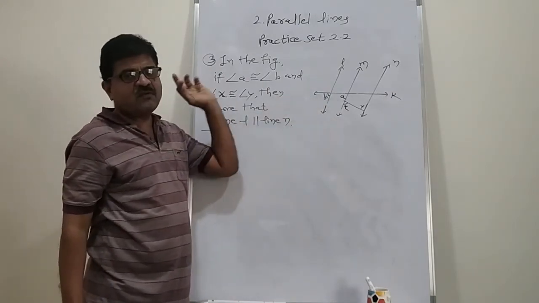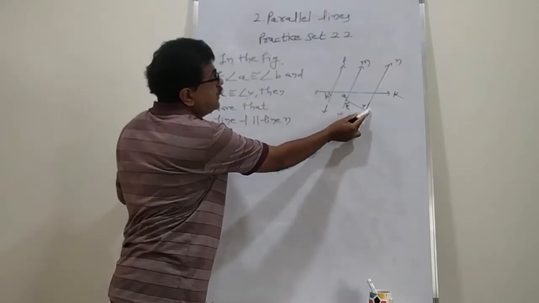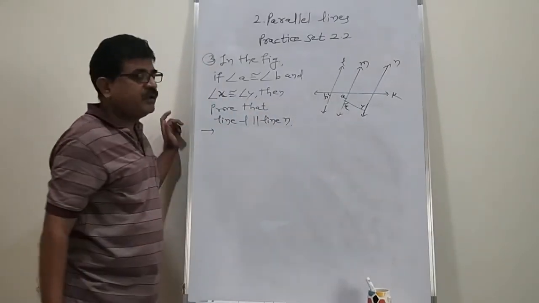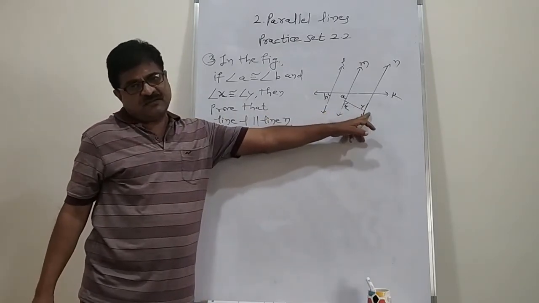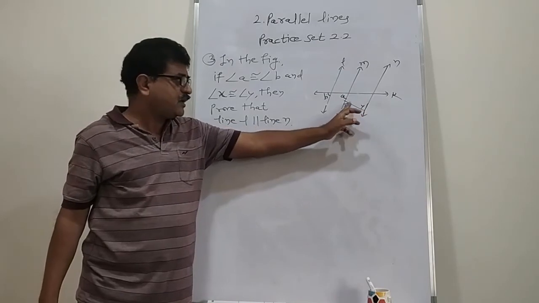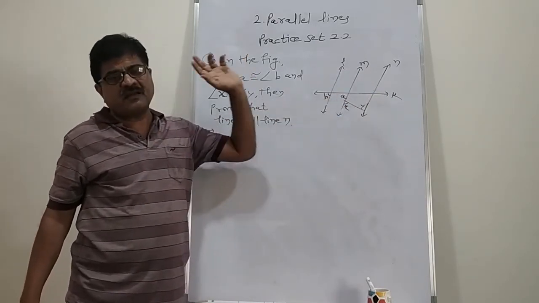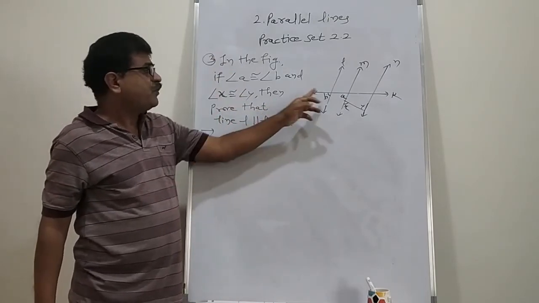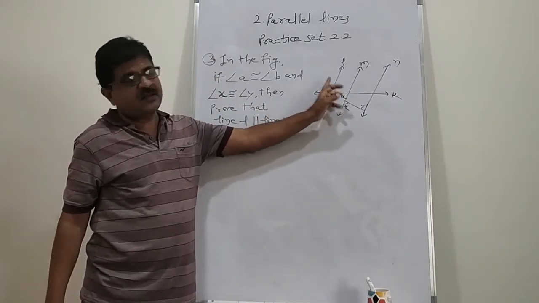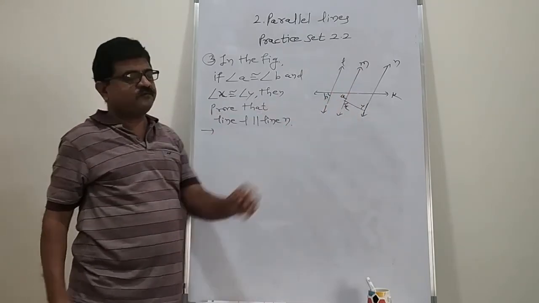This is equation number 1. Also, angle X congruent to angle Y we have given. These are alternate angles. Therefore, by the alternate angle test, these two lines are parallel. Therefore, from 1 and 2, we can prove line L parallel to line N.